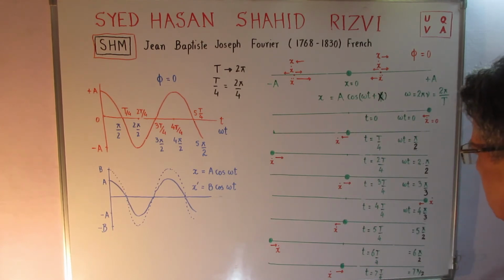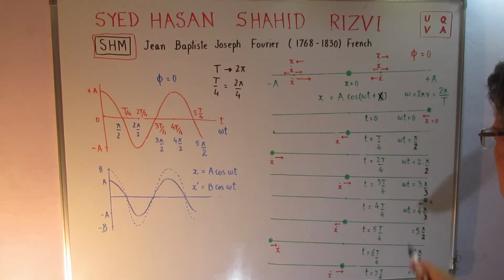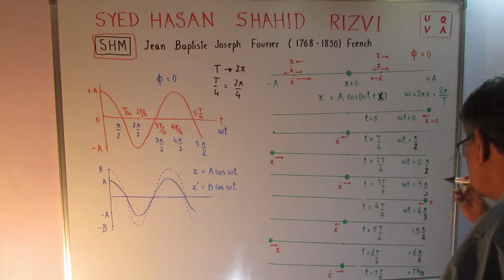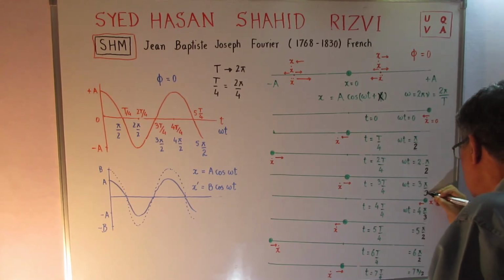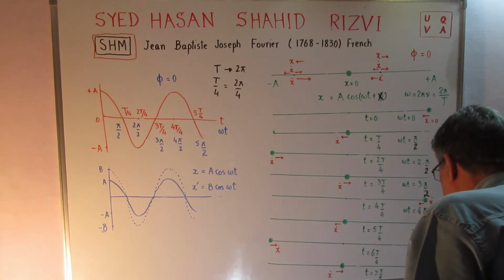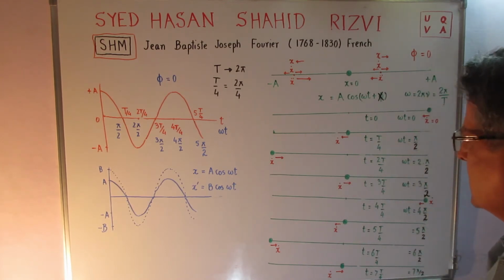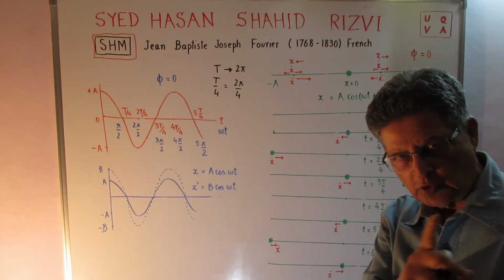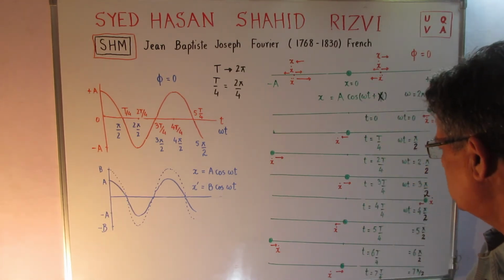Another T by 4, that is t is equal to 3 times T by 4. Omega t is equal to, oh, what a nonsense. You can see this happens. If it happens with me, it can happen with you also, so don't worry. Make corrections.